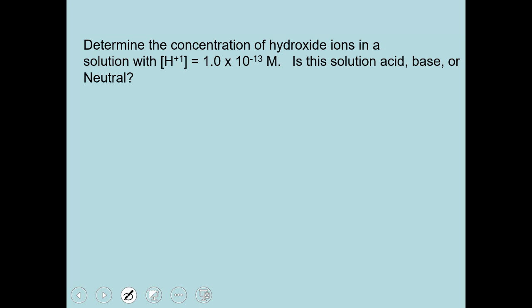It says here, determine the concentration of hydroxide ions in a solution with a hydrogen ion concentration. There, we're given one. How might they know the hydrogen ion concentration? You can get that from the concentration of how many moles of hydrogen are dissolved in how many liters of a solution. And so then if we want to know the hydroxide concentration, we know that this equation is true.